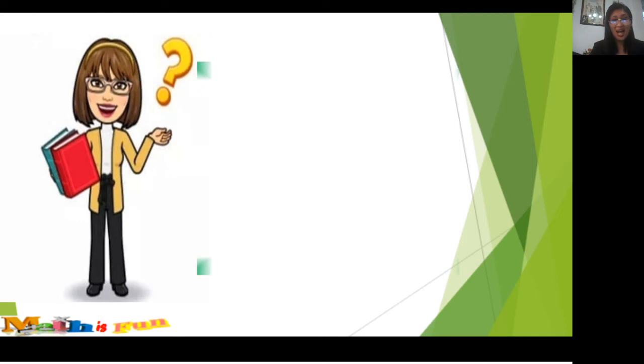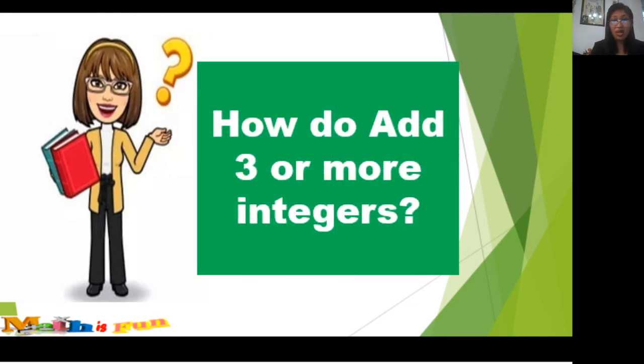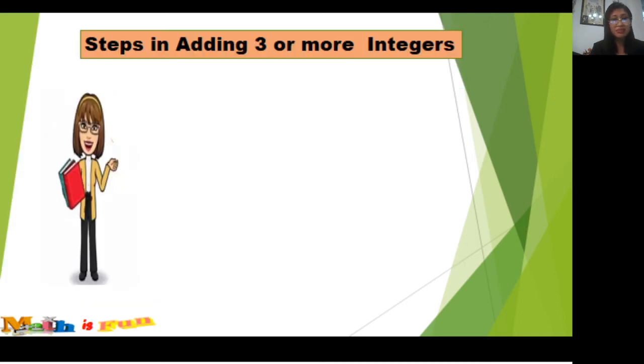Okay? How about if we have 3 or more integers, how to add them? Here are the steps to follow in adding 3 or more integers. Let's say we have this example, 8 plus negative 7 plus 2.